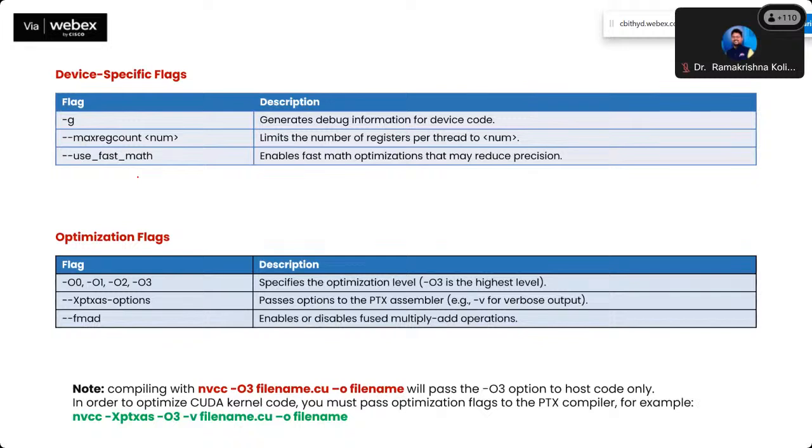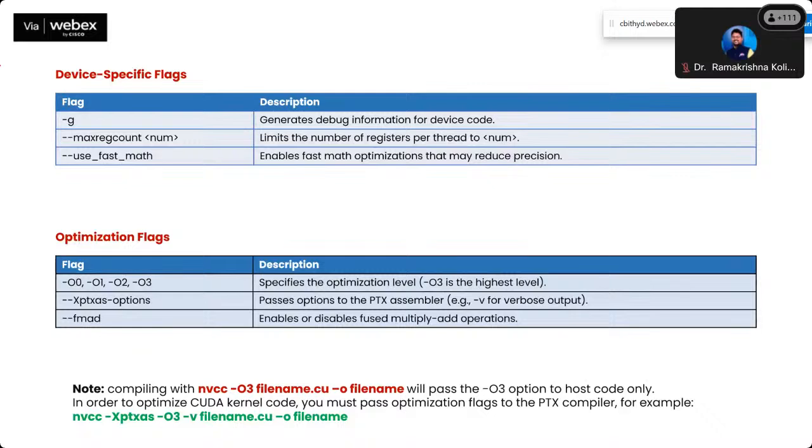So that kind of trade-off we have to take care of. It totally depends on the developer's judgment of how much precision is okay. If they need more precision and cannot compromise on it, then they should not use this flag.